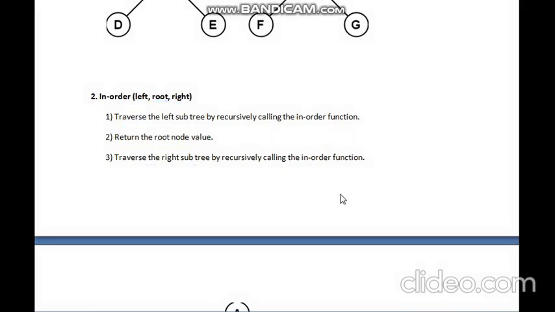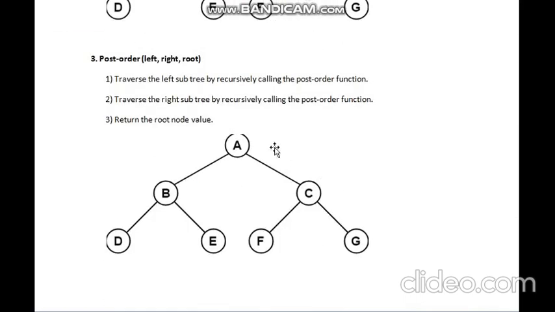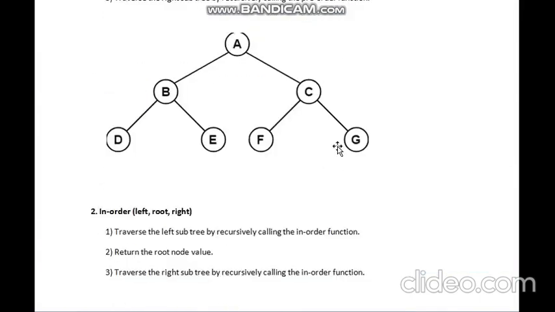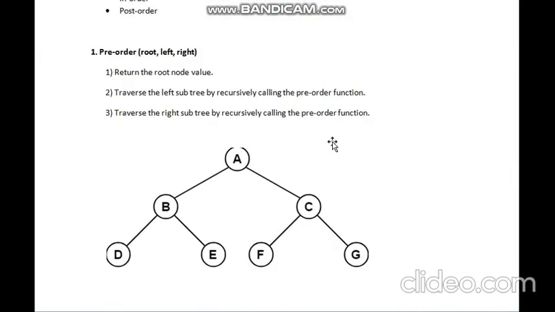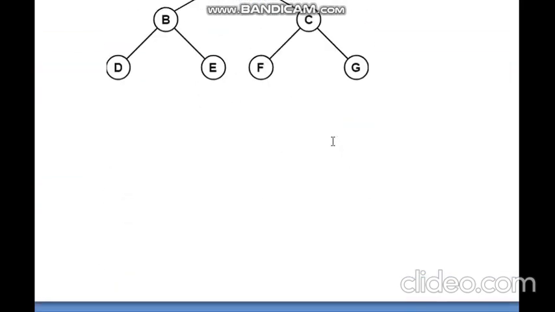Okay, next post-order: here first left subtree, then right subtree, then root. Hence traverse the left subtree, then traverse right subtree, then return the root node value. Okay, I will show you one simple example, and later explain pre-order, in-order, and post-order with a single example.